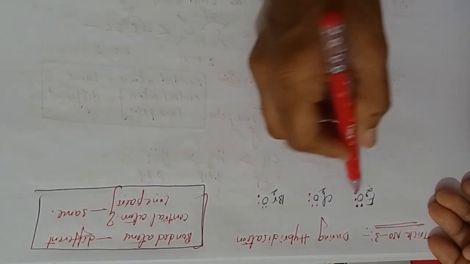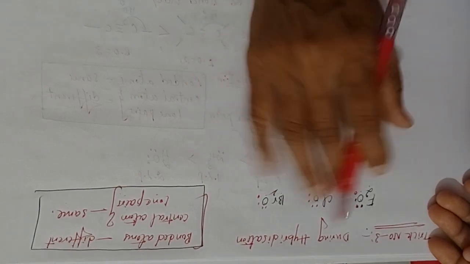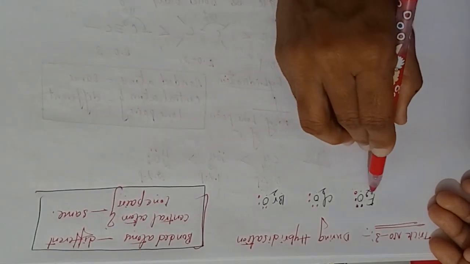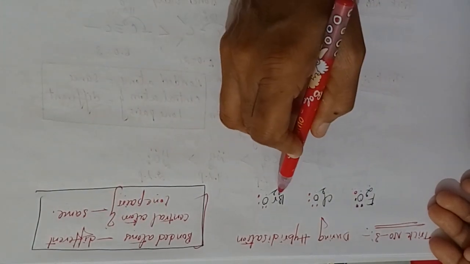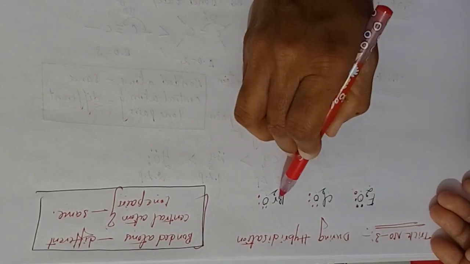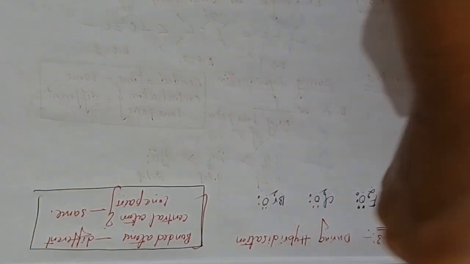Central atom also same, oxygen. Which is different? Bonded atoms: fluorine here, chlorine here, bromine here. Then what is the trick here?